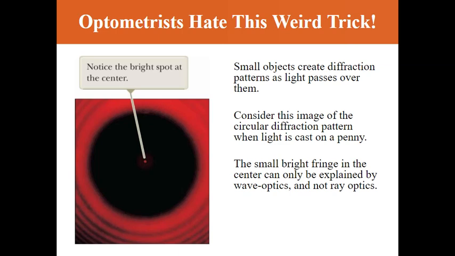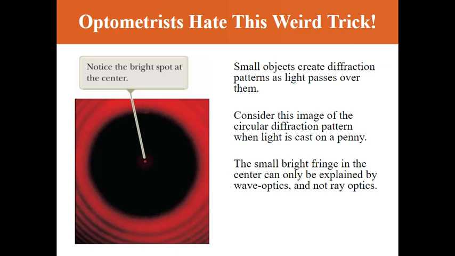At the time, with the tools and technology they had, no one had yet seen a bright spot in this sort of setup. But Dominique Francois Jean Arago, who was the head of the competition, performed the experiment that Poisson was talking about. Poisson was very skeptical.